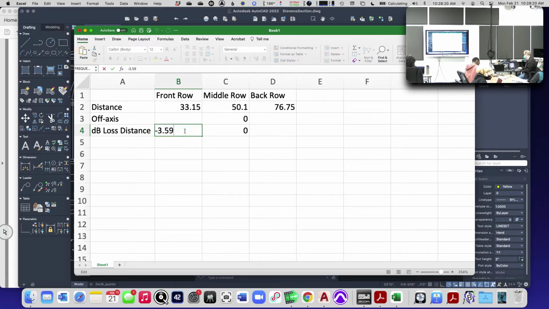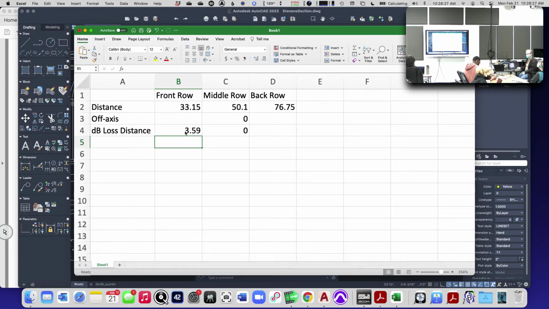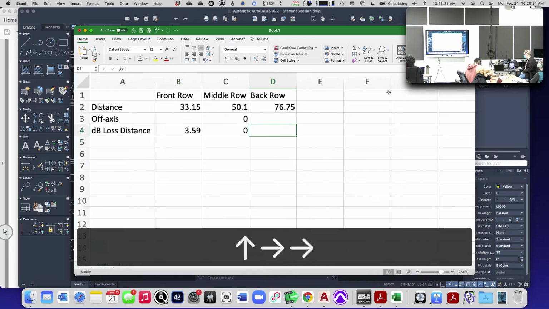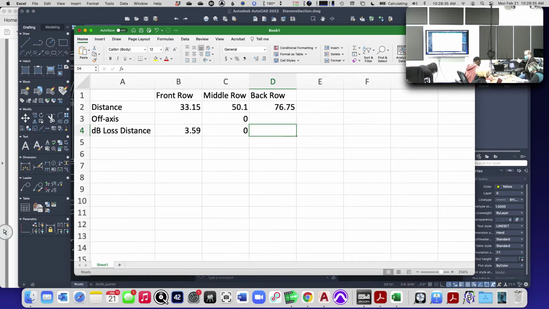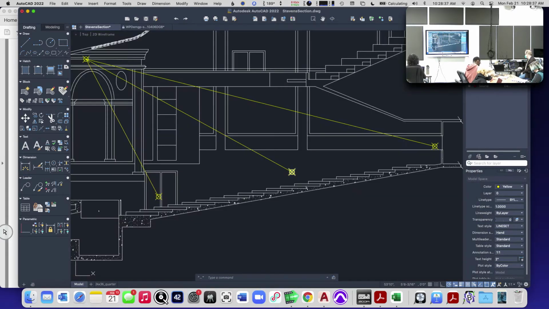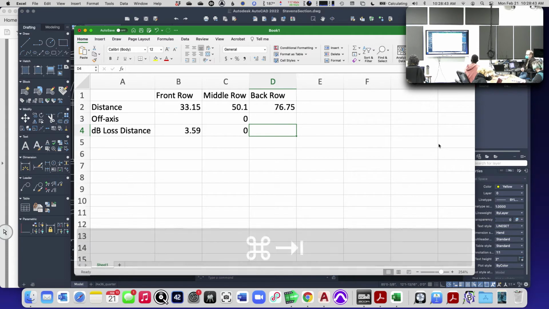I should have done 50.1 divided by 33. So this will be louder at the front row because the front row is closer to the loudspeaker, right? So what we want for the back row is 20 times the log of 50.1 divided by 76.75. That'll get us a negative number. The back row is definitely farther away, so we should get a negative for that. 20 times the log of 50.1 divided by 76.75.